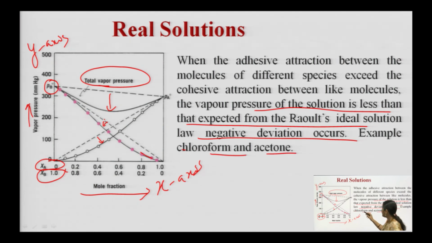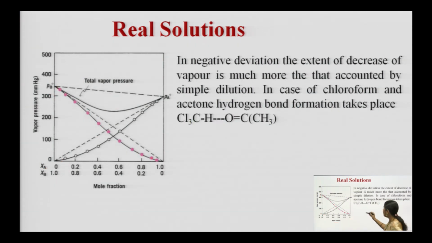What happens in the case of chloroform and acetone? A hydrogen bond is formed between chloroform and acetone. As hydrogen bond formation takes place, their escaping tendency is reduced compared to simple dilution.